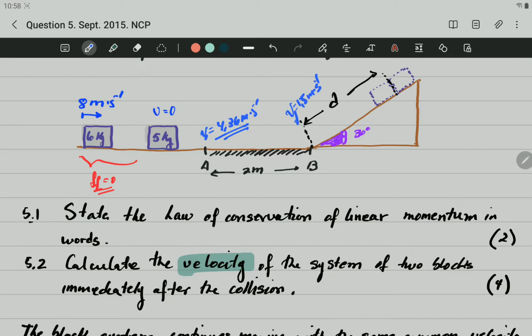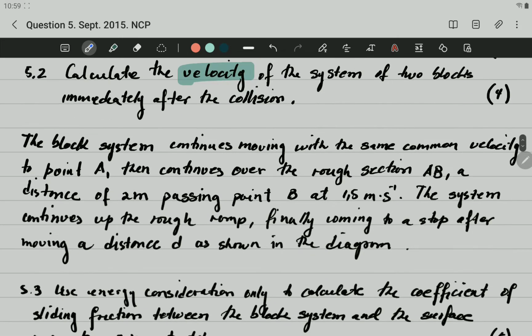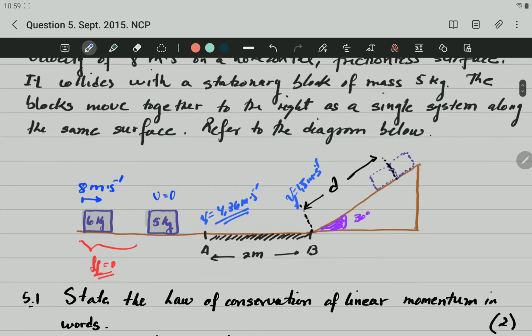They are giving you that the distance is 2 meters only for that section AB. Okay, the system continues up the rough ramp, finally coming to a stop after moving a distance d. So here, this velocity is going to be equal to 0 because the two blocks just stop there. But now the question is for A and B.